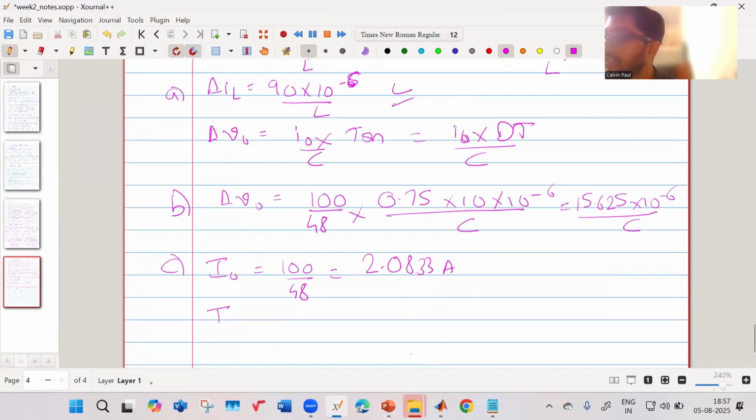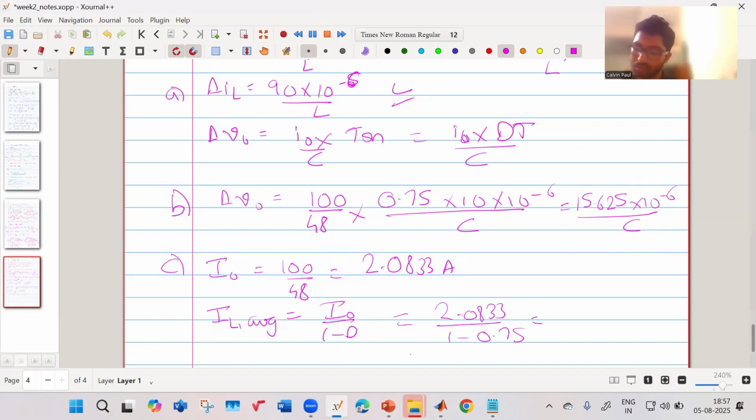What is my IL average for the boost converter? I0 by 1 minus D. Yes. IL average is actually I0 by 1 minus D. That is 2.0833 upon 1 minus 0.75. So that is how much? 8.33. Okay, so that is 8.33 ampere. This is the value of IL average.